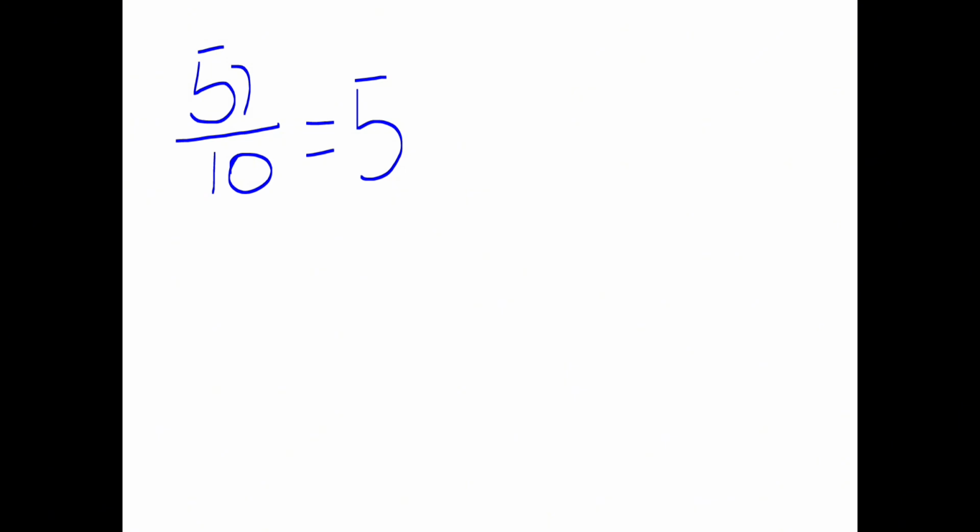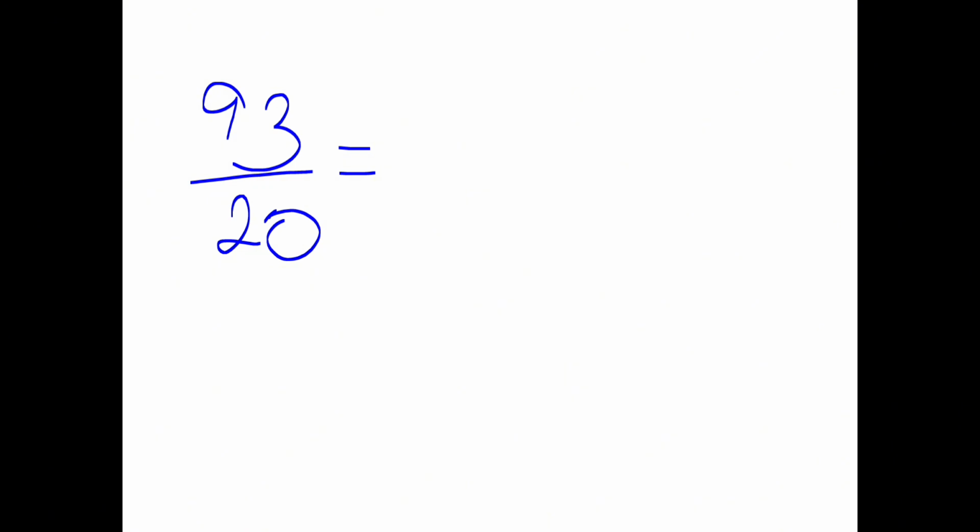And then your remainder will be your numerator for your fraction. So 10 in 57 is 5. Your remainder will be what? 7. Very good. So we have 7 over 10. Your denominator will always be the same denominator you were using to divide from the beginning. Do you understand? Very good.